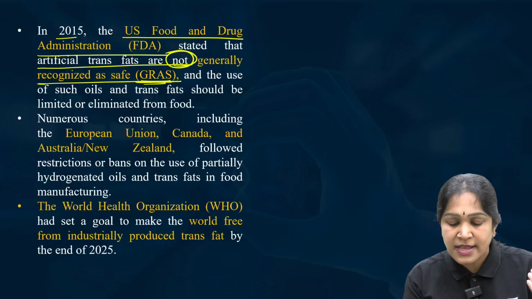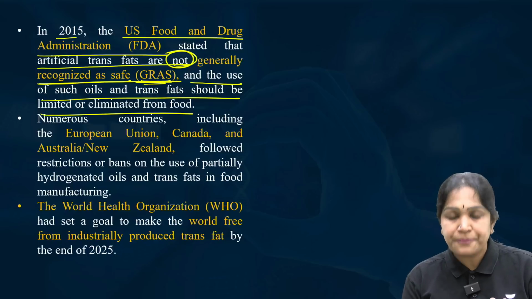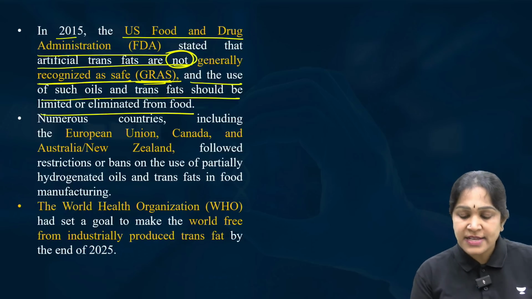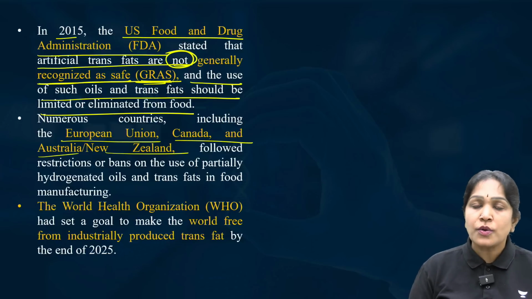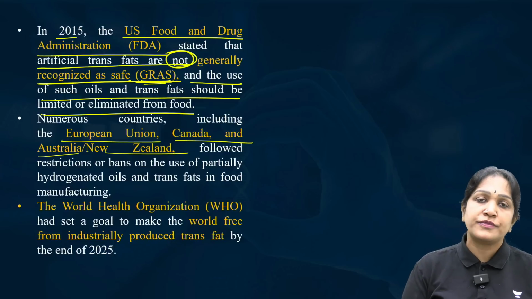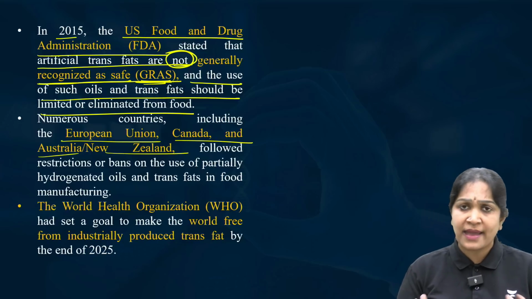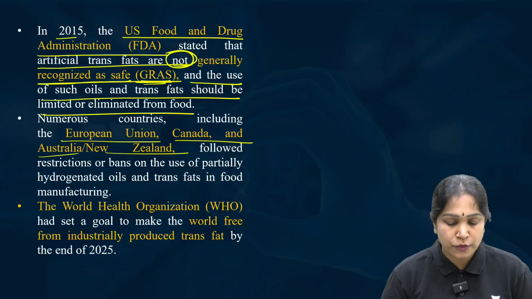Okay, and the use of such oils must be totally eliminated from food. Many countries like the European Union, Canada, Australia, and New Zealand followed with restrictions on the usage of trans fats in manufactured food content, packaged food, fast food, and processed food.